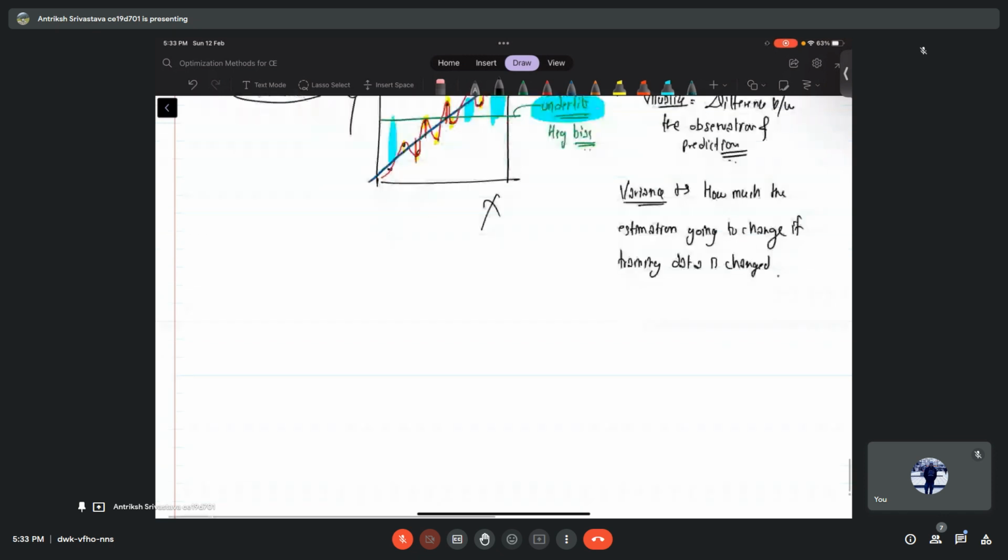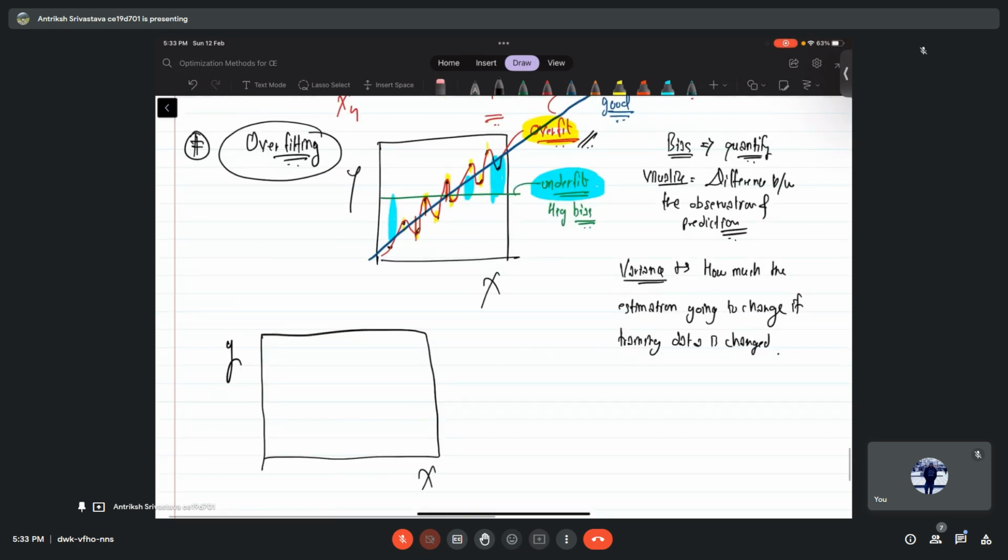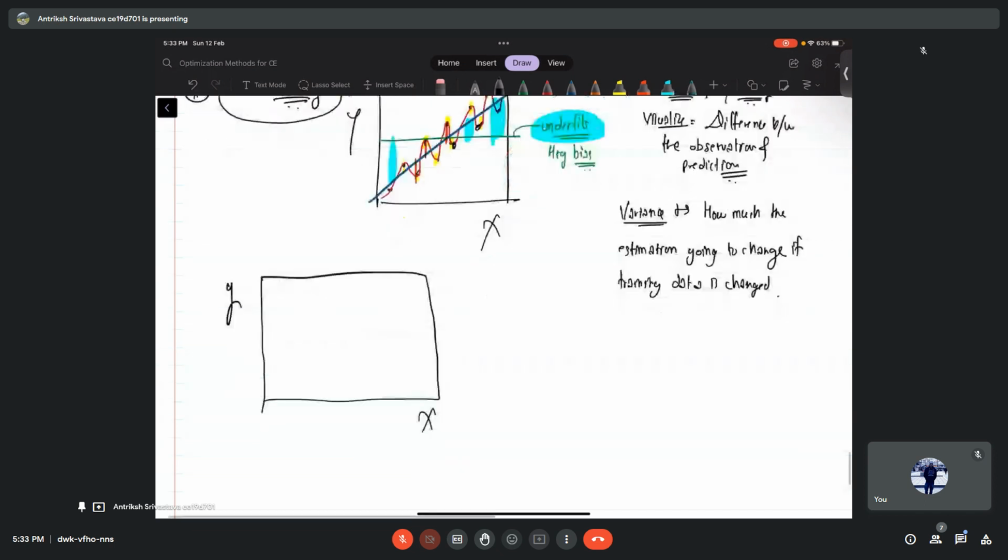Okay, so let me draw the same trend I want to capture between y and x, but instead of very closely spaced x data, now let me give very sparse x data. Now what do you think the overfit model will look like? Overfit model now is going to look like this, right? It is going to capture everything, and it is just one of the overfit models.